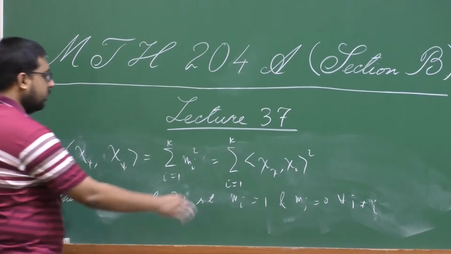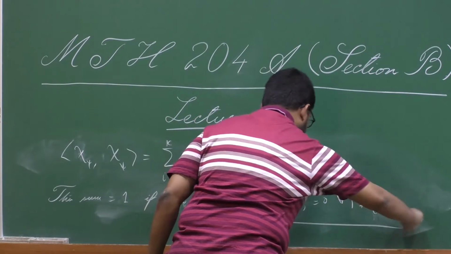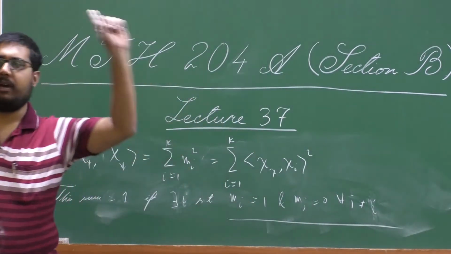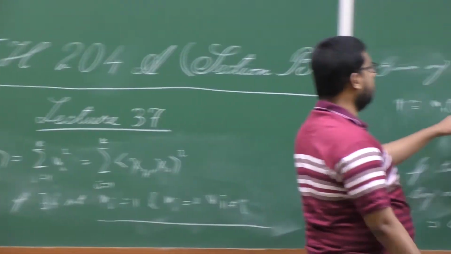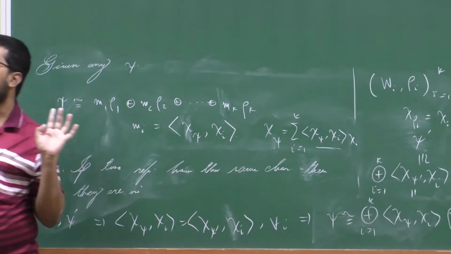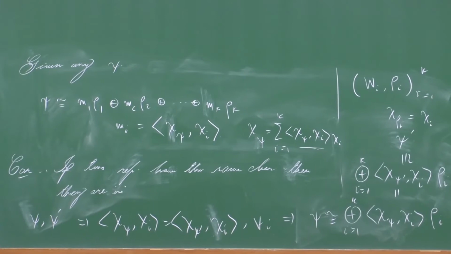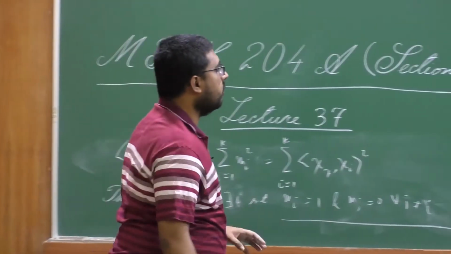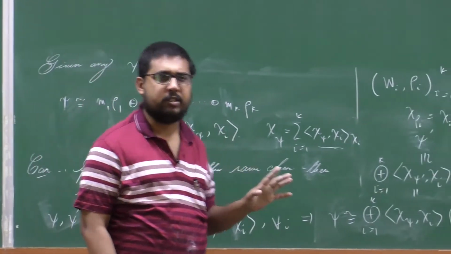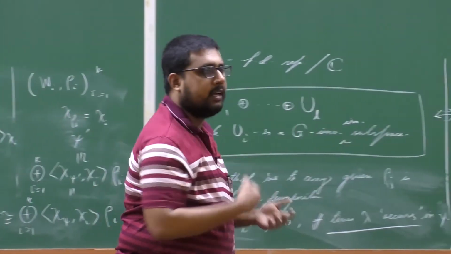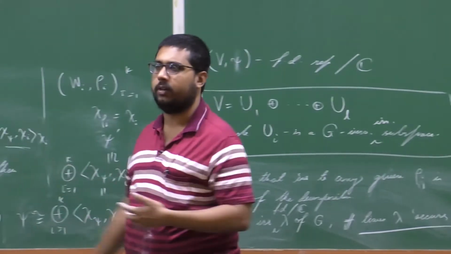So this sum is 1 if and only if we have this, and what does this mean? Some mi is 1 and all other mj's are 0. That means psi will be isomorphic to some rho j directly, because the others are 0. Please try to understand that in this decomposition some of these mi's might be 0, depending upon whether it contains any subrepresentation isomorphic to this or not.